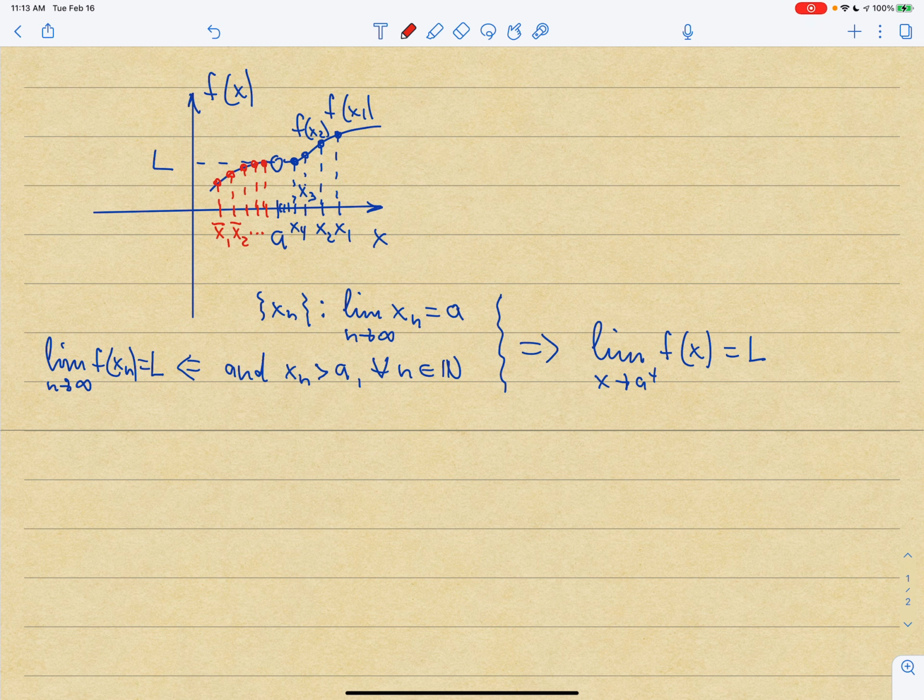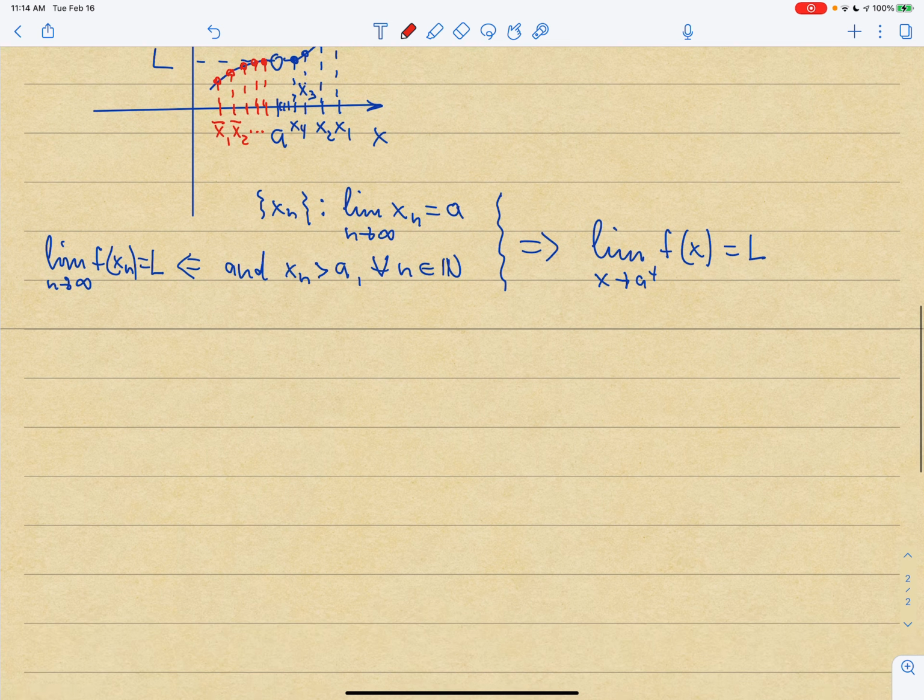What happens to them? As x1 bar goes to a, then f of x1 bar, as xn bar goes to a, what happens to f of xn bar? The values are getting closer and closer to L again.